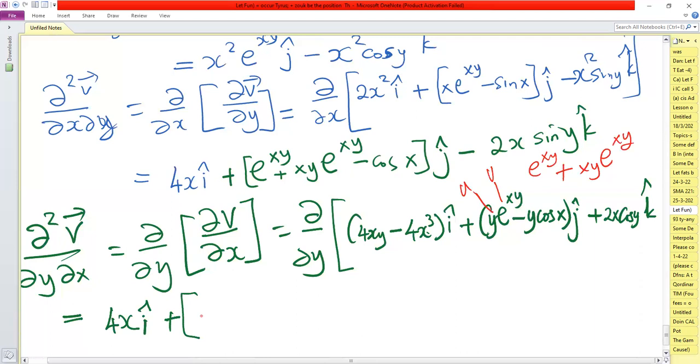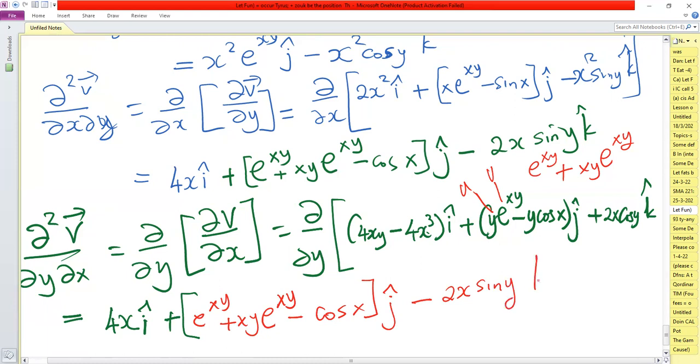So this will be now e raised to xy plus xy e raised to xy. And this term, when you differentiate with respect to y, you get minus cosine of x, j. And with respect to y, the derivative of cosine is a negative sine function, so it'll be negative 2x sine of y k.